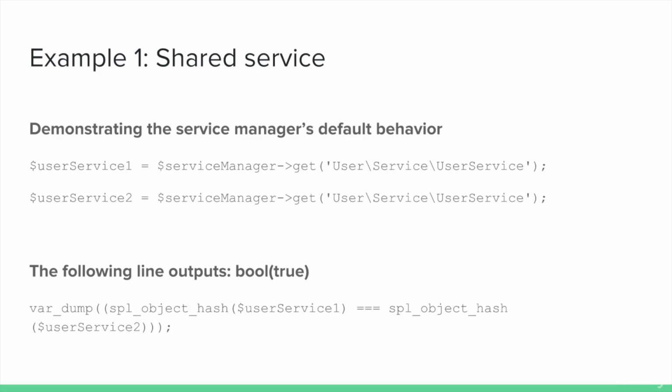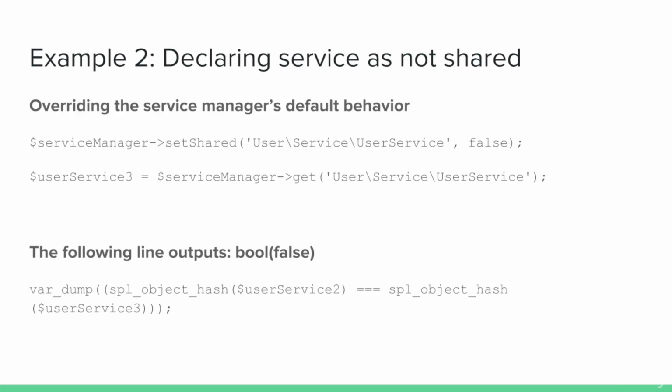If we use the spl_object_hash function, which gives us a hash value of the object, and we compare the two hashes of the two services, we will see that these two hashes match. They are identical. And this is because the first time we call the user service, it's cached within the service manager. So the next time we request it, it's just returning the same object that was already instantiated, thus improving performance.